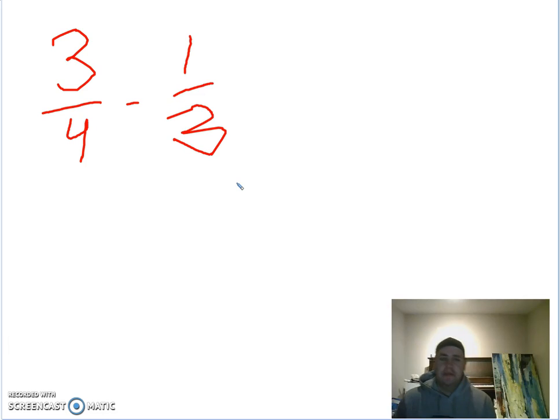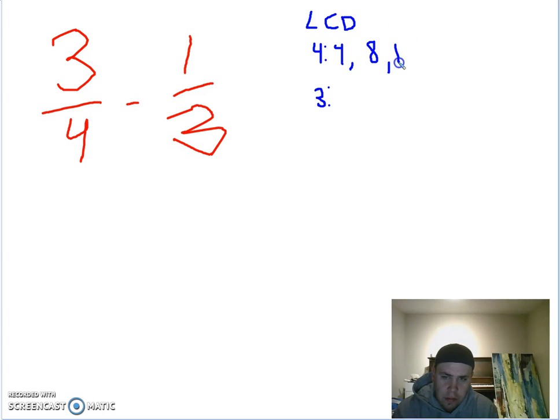But what happens if we might have to change both fractions? Well, this is just like we did with adding. We're going to find our lowest common denominator, LCD as we call it. So I'm going to take a look at 4. That's the first number. And I'm going to take a look at 3. So we have 4, 8, 12, and we can go 16.